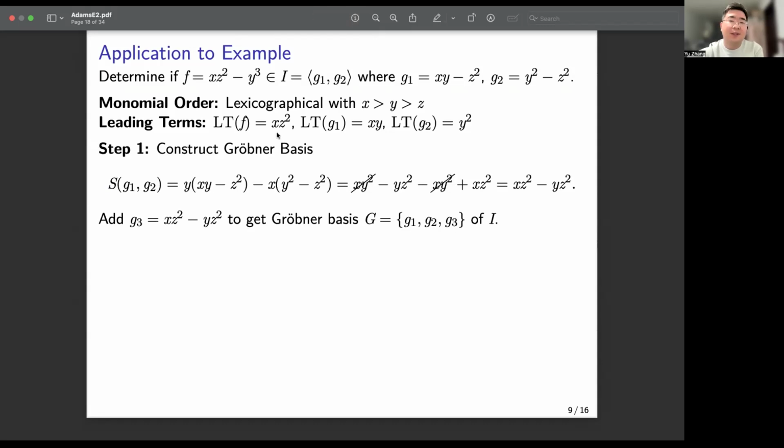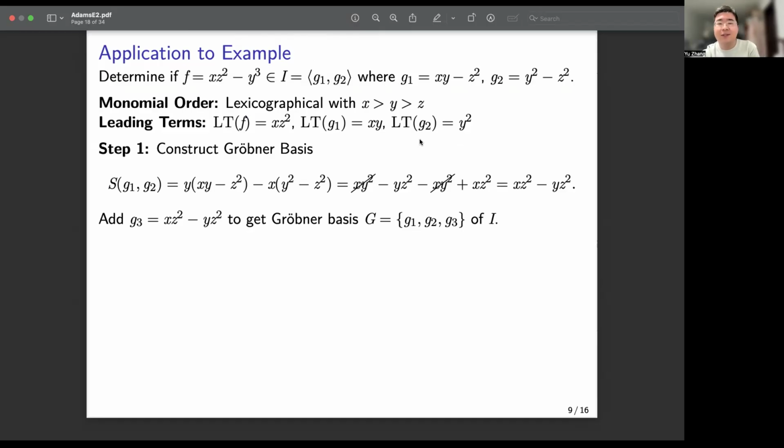Now the first thing we need to do is extend this generating set g1, g2 into a Gröbner basis of I. The way to do this is we consider the leading term of g1 and the leading term of g2, and we want to generate new leading terms which are not a multiple of the leading term of g1, and also not a multiple of the leading term of g2.